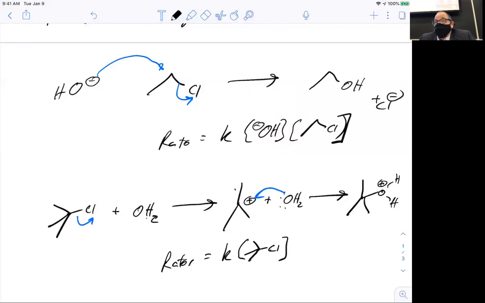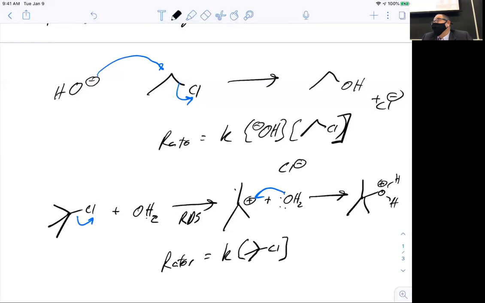So our water is not involved in the rate determining step. So the rate determining step is that. The whole speed of this reaction is going to be determined on how fast the alkyl halide can dissociate to the carbocation and the chloride anion.